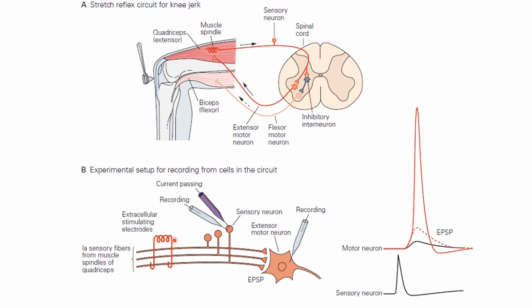But we observe that if we stimulate this whole nerve using some extracellular stimulating electrodes, so these are basically big loop electrodes that loop around the nerve and pass a lot of current that can cause excitation in this whole bundle of neurons, then we see that there is a larger EPSP and it crosses the threshold and results in generation of an action potential in the motor neuron.